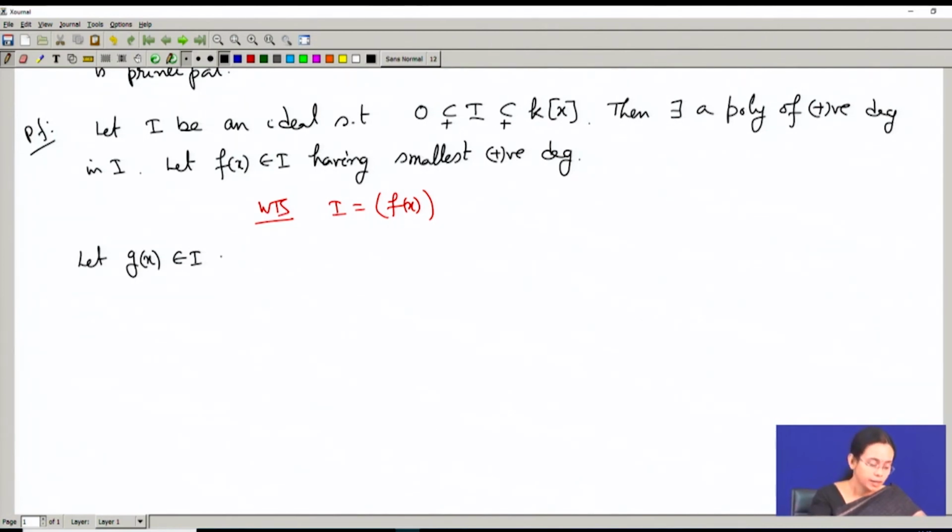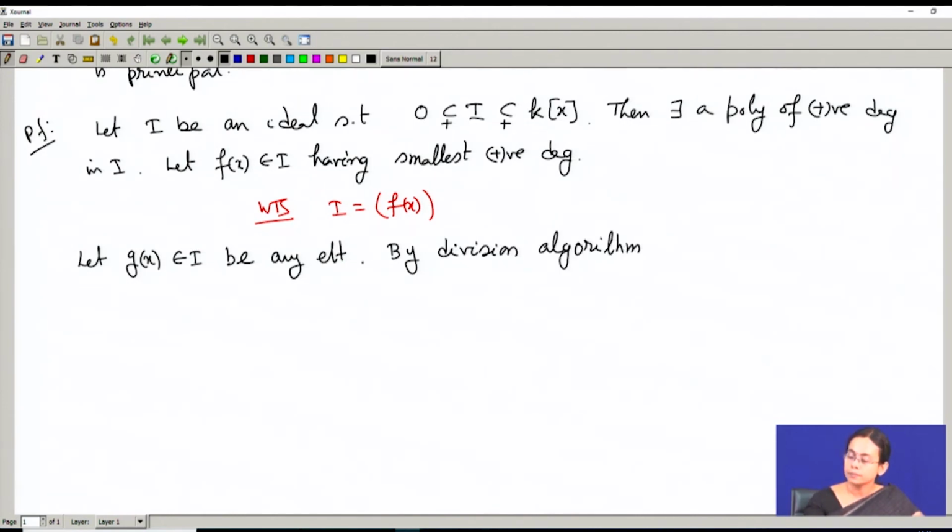By the division algorithm, we can write g(x) = f(x) q(x) + r(x).